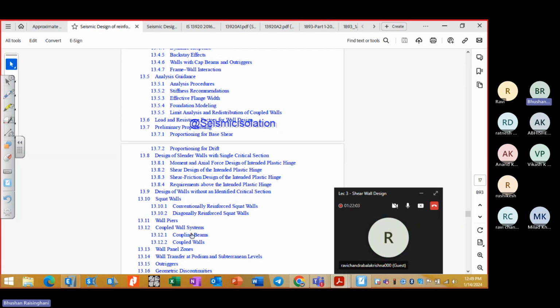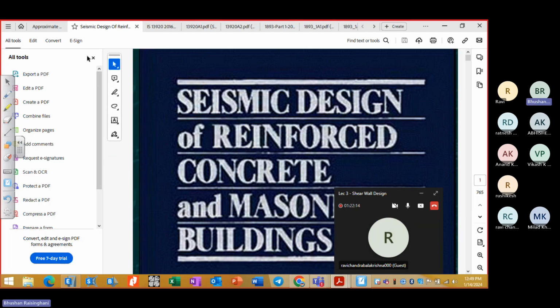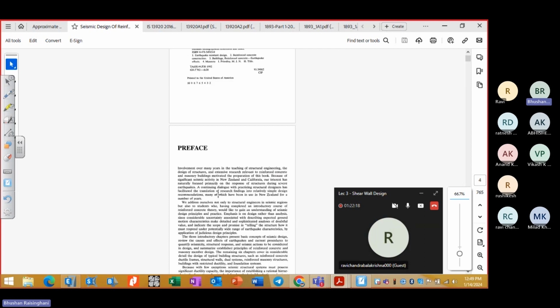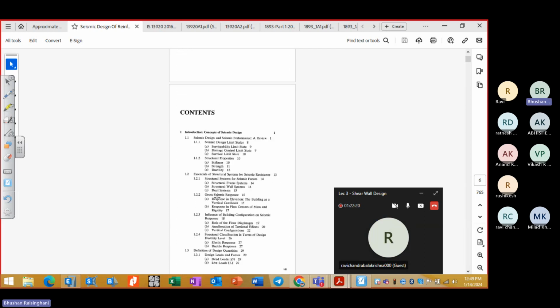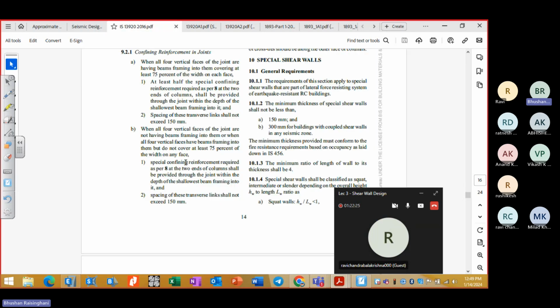Here also, in this book of Nigel Priestley, you will find coupling beam, but I'll share it separately. Right now, I'll not be able to locate it exactly. I'll share what a coupling beam is, but it is shear dominated. It is also a 3D element, a shell element, not a plane element.